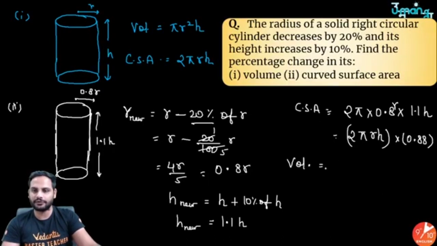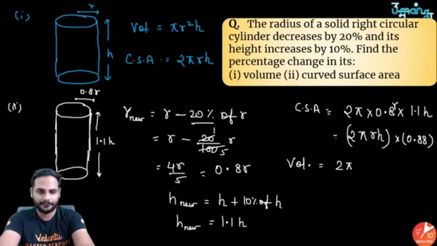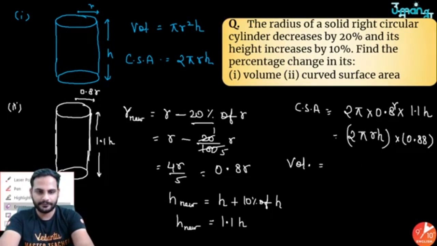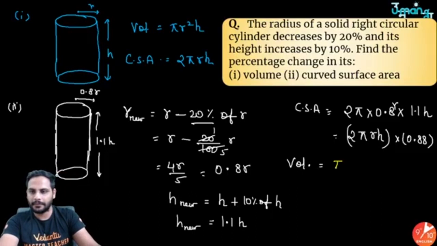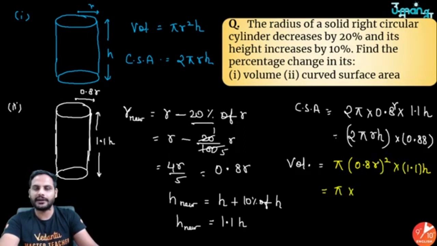Similarly, the new volume will be, sorry, not 2 pi. The new volume will be pi into the new radius, 0.8 r, whole square, into the height, which is 1.1 h.